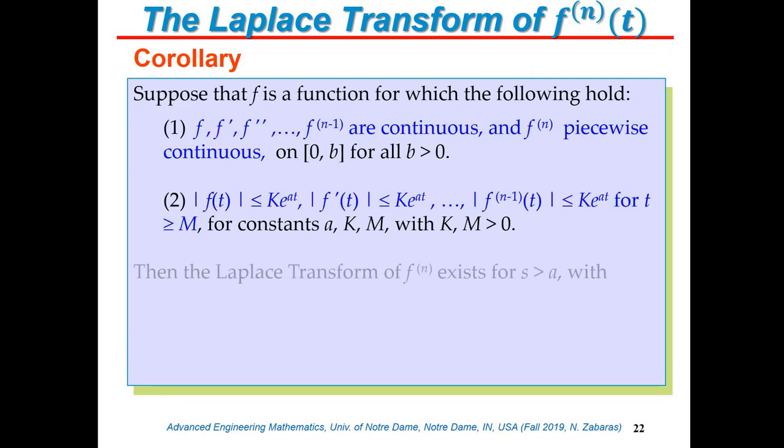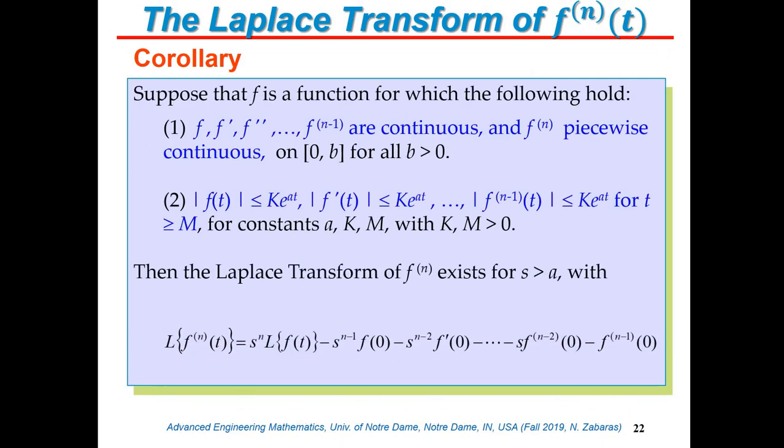So you can actually evaluate derivatives of any order, and you can see on the slide here at the end, I have the Laplace transform of an nth order derivative. The leading term again is s to the power n times the Laplace transform of f, and then you have the initial conditions up to the n minus 1 derivative at time 0.